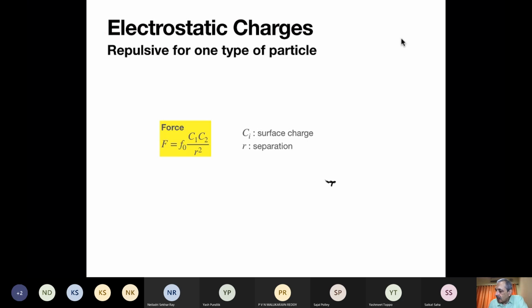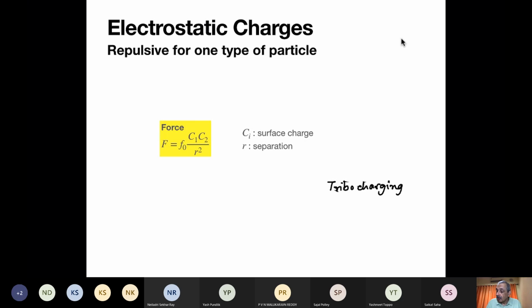This is known as tribocharging. That is when you build up surface charge on any surface by just rubbing two surfaces together.